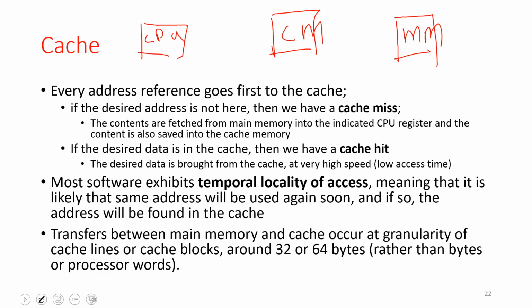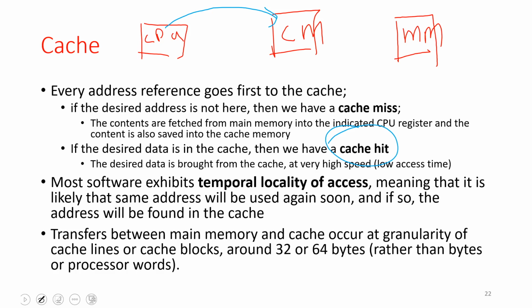The CPU will always try to see if particular data is available in the cache memory. If it is available in the cache memory, it is considered a cache hit, and when it is a cache hit, we can read the data much faster and provide that data to the CPU.